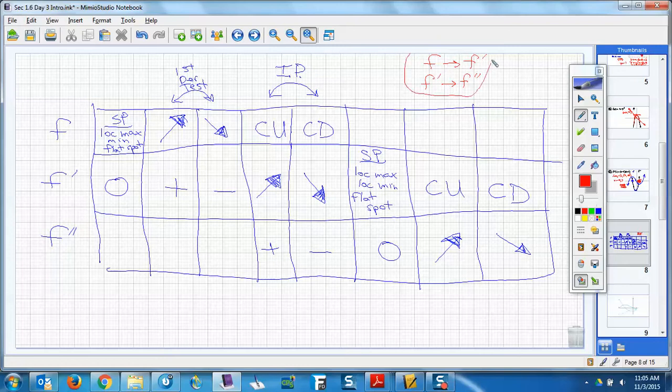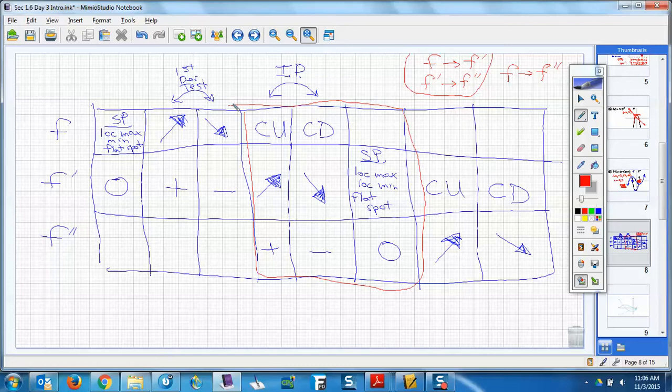So all of those connections are exactly the same. The new thing is, what is the f to f double prime connection? What does that tell us? So that would be the things in the bottom row. What do they tell us about the top row? Well, that would be this section here in red.